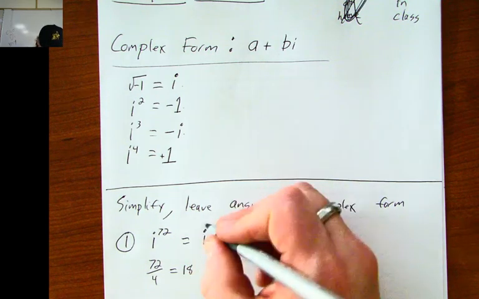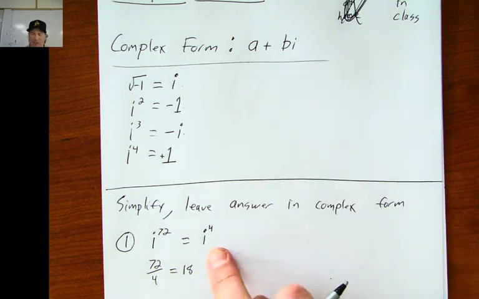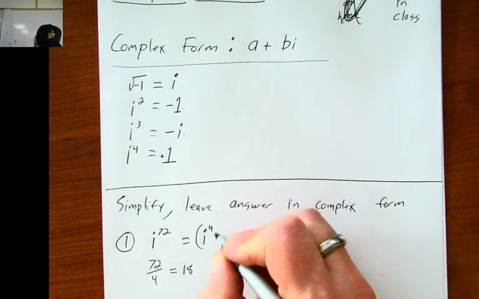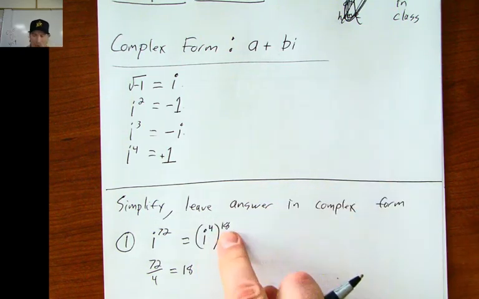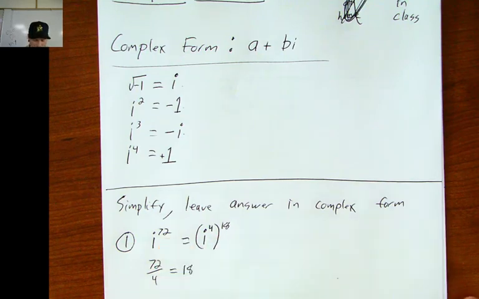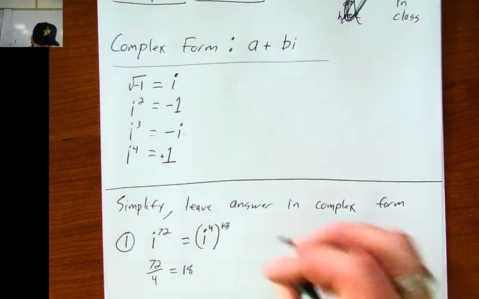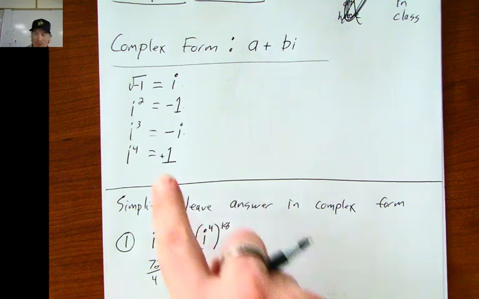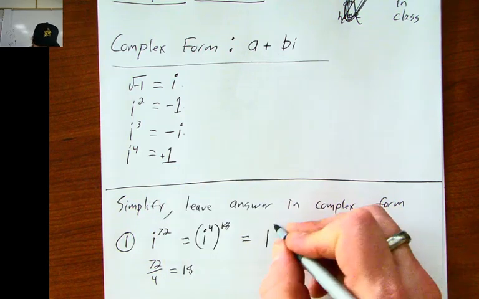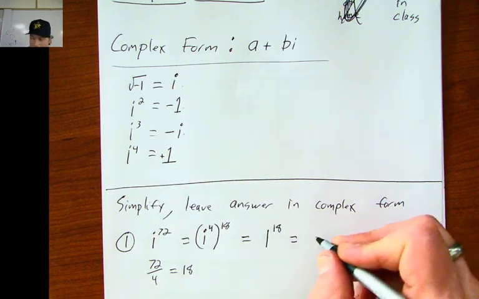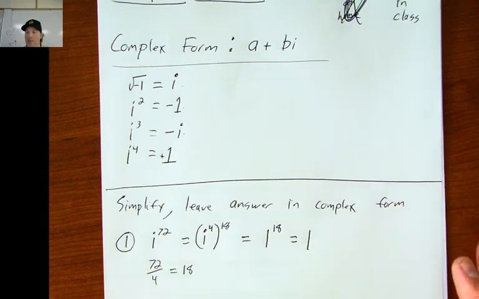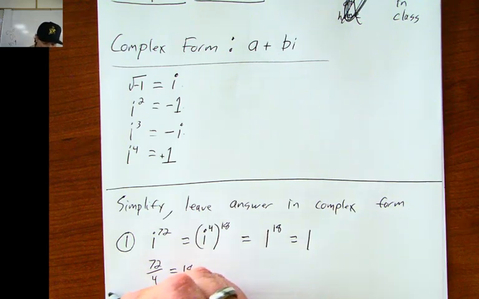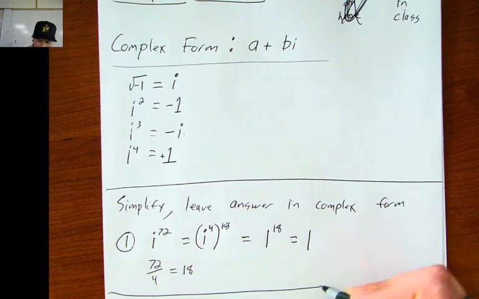So that means that this is equivalent to i to the 4th raised to the 18th power, because 18 times 4 is 72. Which means i to the 4 is equal to 1, so this is equal to 1 to the 18, which is equal to 1. So i to the 72 is actually equal to +1. Interesting.